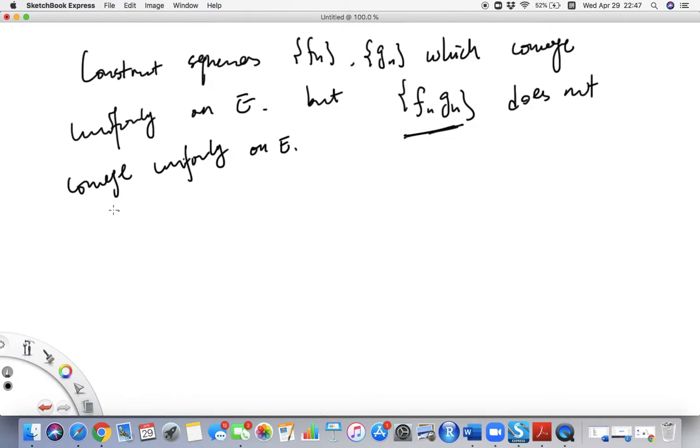But the issue is uniform convergence. So can we think of such an example?